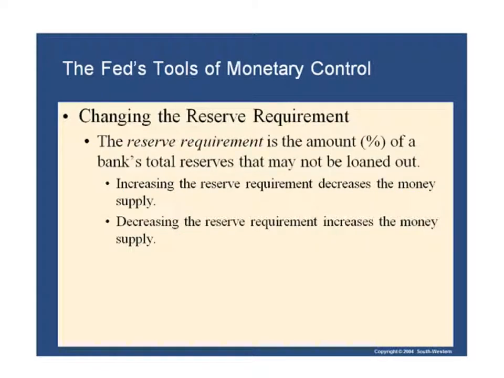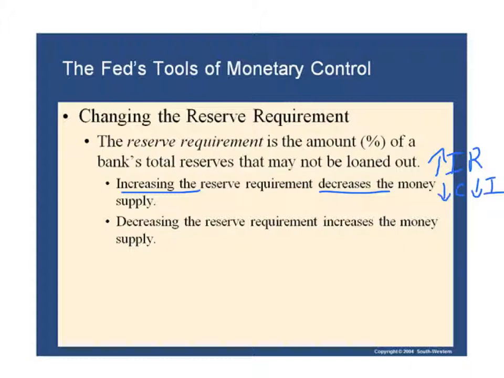The final tool in their toolbox is the reserve requirement. The reserve requirement isn't used very often, but in theory it would work. Increasing the reserve requirement decreases the money supply. If I shift the money supply to the left, that would increase the interest rate and decrease consumption, decrease investment.